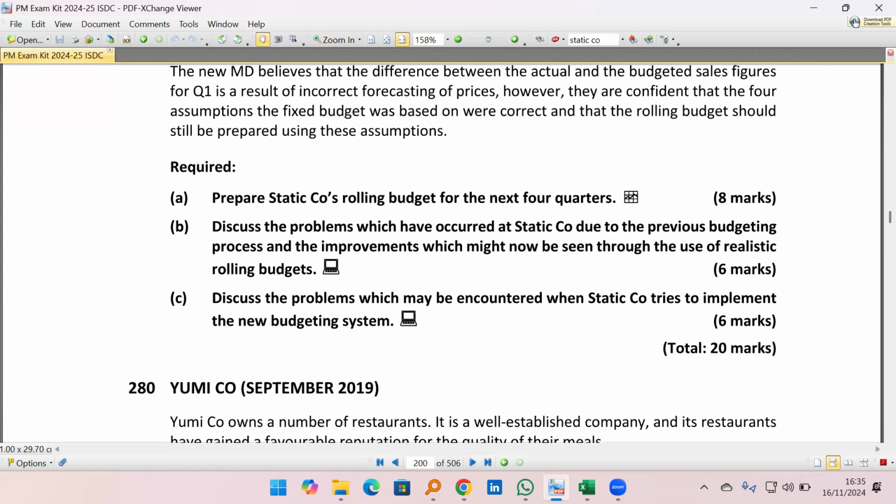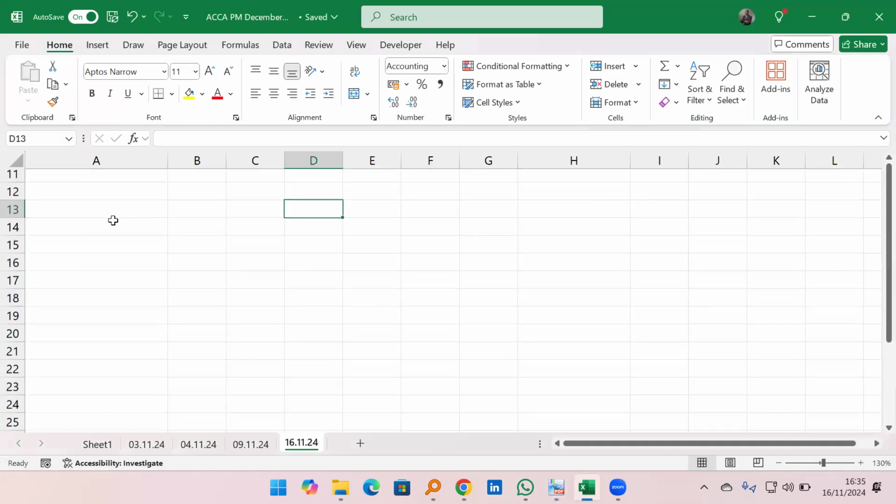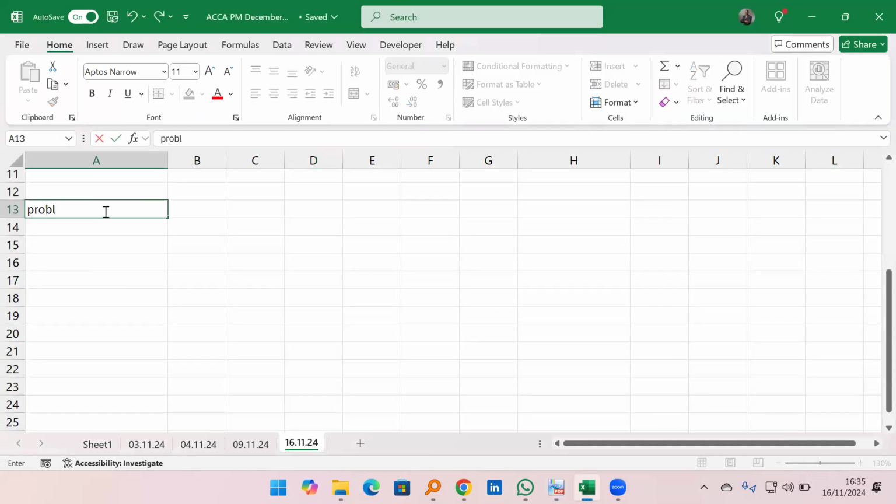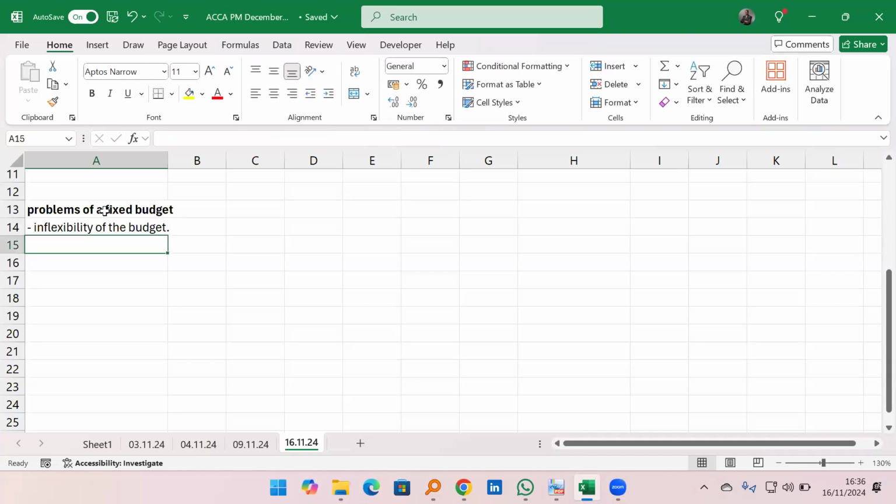Okay, so now what are those problems? So the problems: First of all, the inflexibility of the budget.